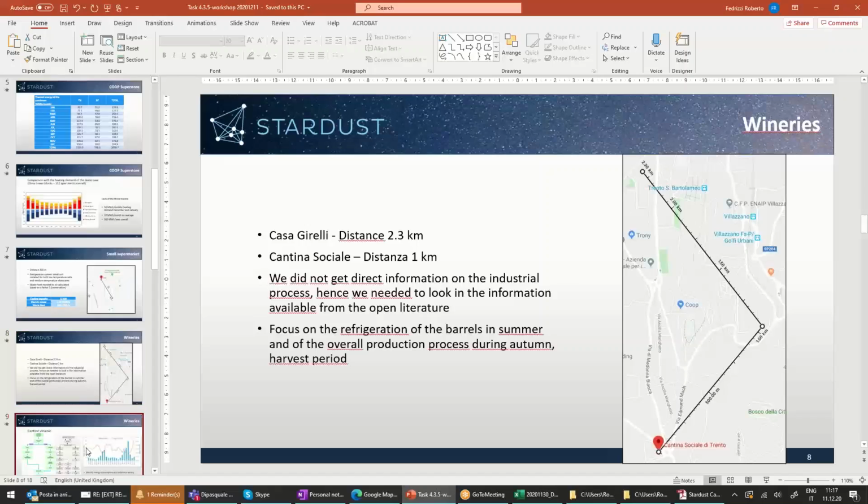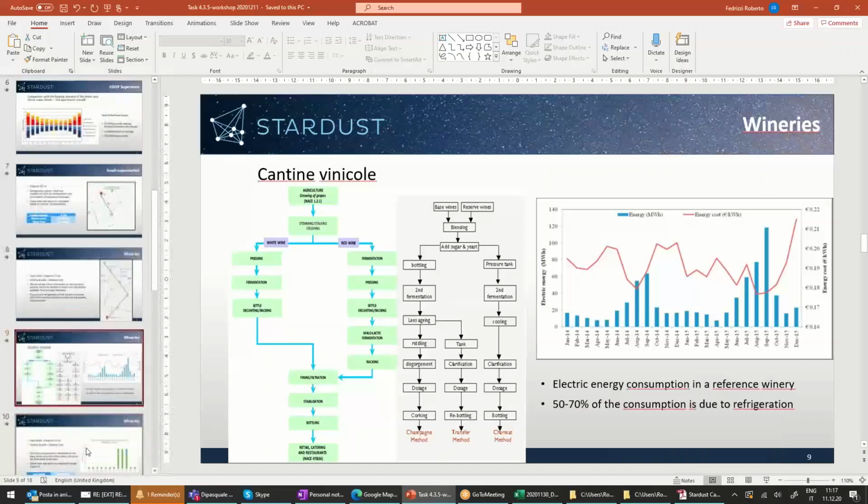So what we did is to look into open literature, and we looked into how these wineries consume energy, for what processes and over the year. And obviously, as you can imagine, most of the energy consumption is electricity.